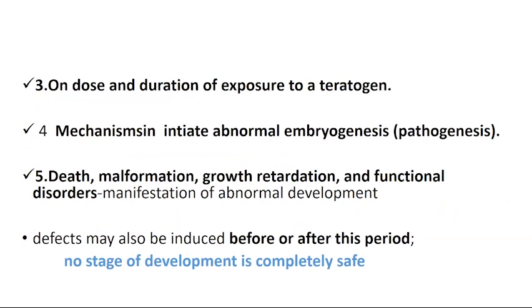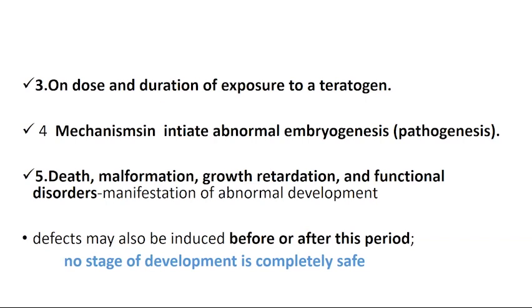Then death, malformation, growth retardation, functional disorders are manifestations of the abnormal development. Death can occur, malformation, growth retardation can be the result of these teratogens. Functional disorders can occur. It can be a structural disorder, a malformation, a growth retardation, or maybe death.